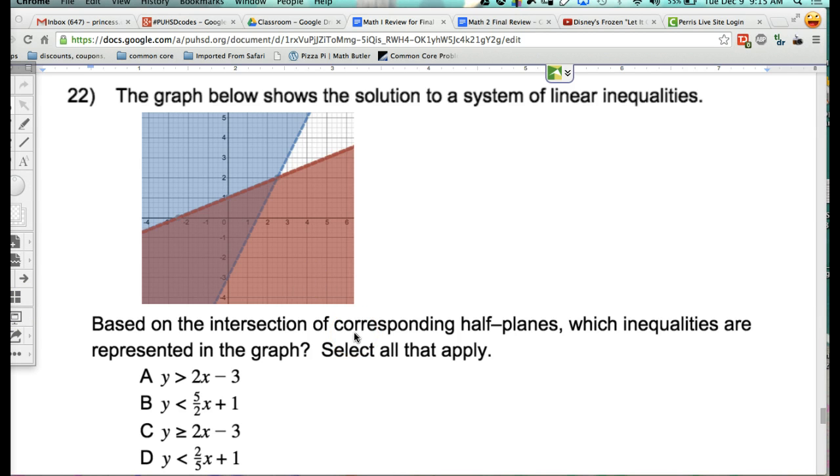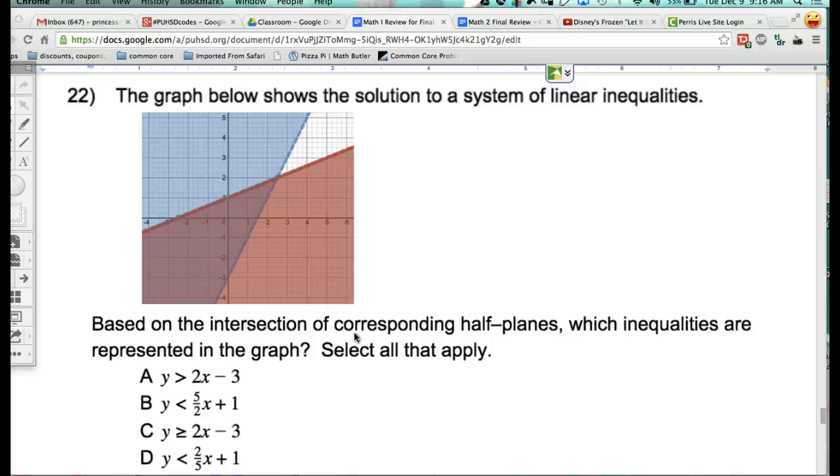Okay, question number 22. The graph below shows the solution to a system of linear inequalities. Based on the intersection of corresponding half planes, which inequalities are represented in the graph? Select all that apply. As you can see, there are four equations, and let's use common sense.